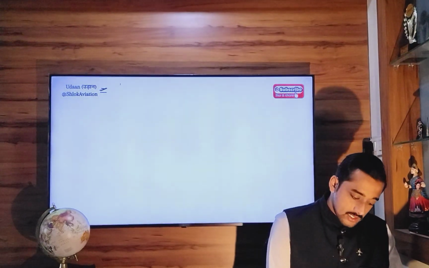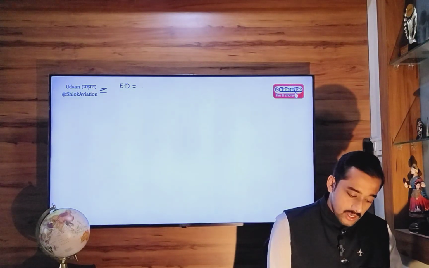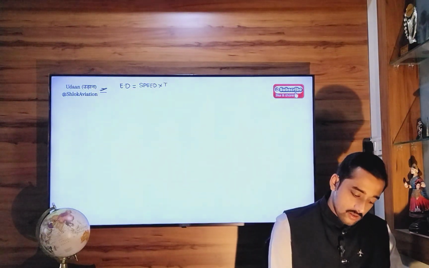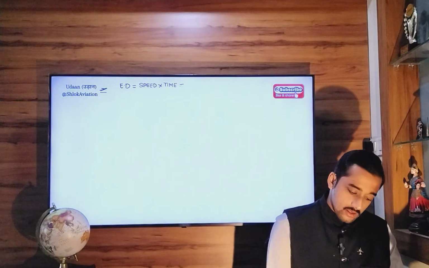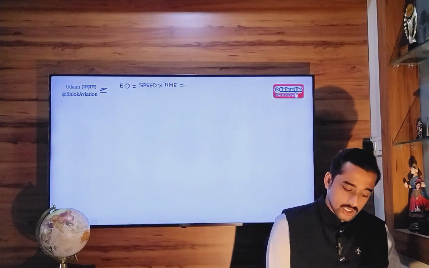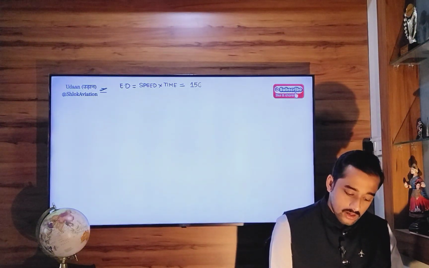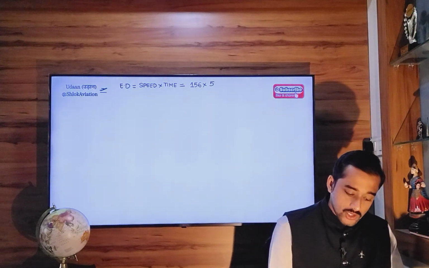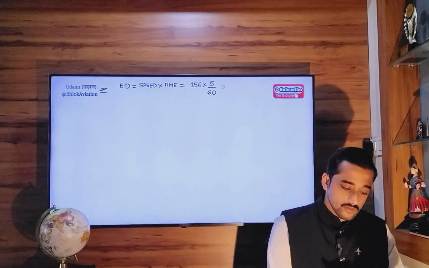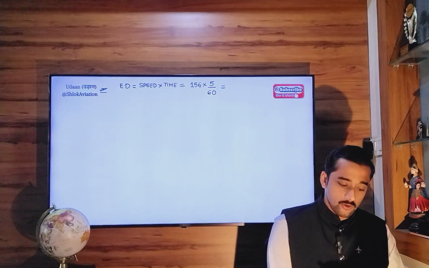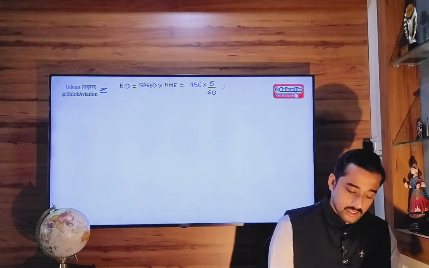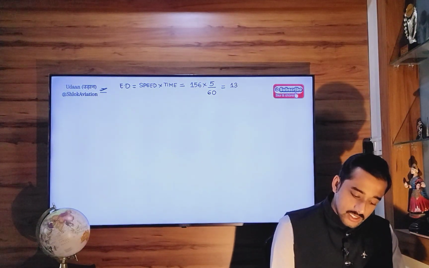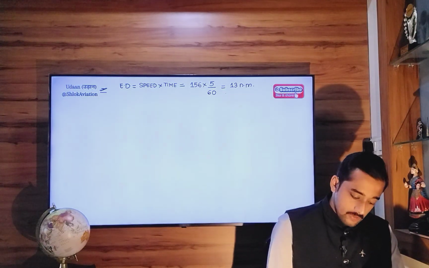So earth distance is equal to speed into time. Speed is 156 knots. Time is 5 minutes. Convert this minutes into hours, so divide by 60. 156 into 5 by 60 is 13. So the earth distance is 13 nautical mile.